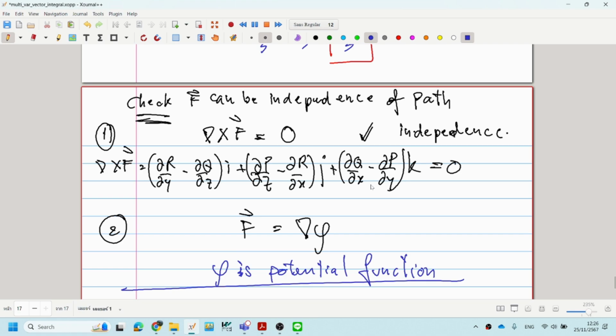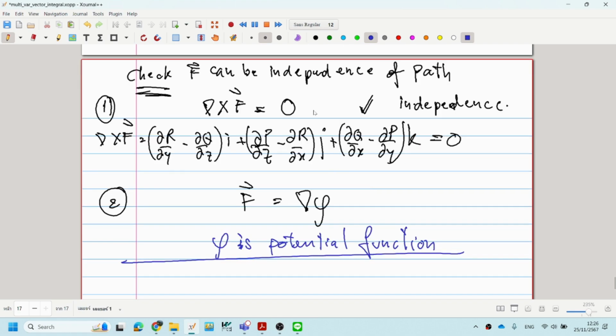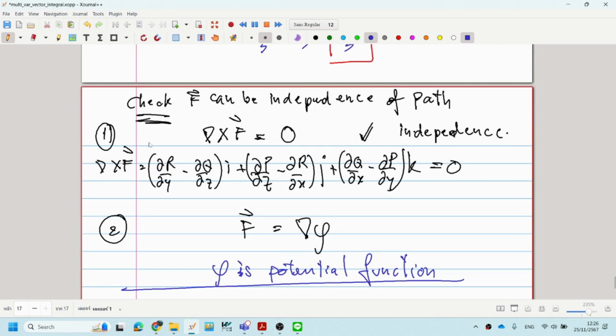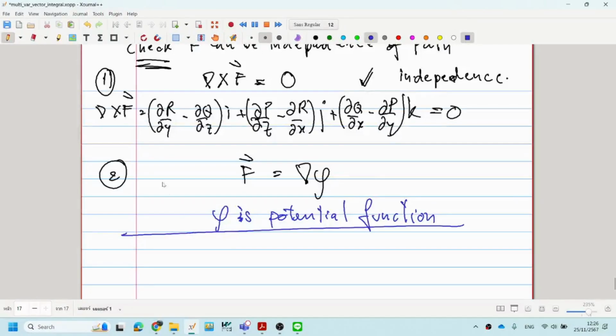And the next step is going on to solve. When step number one is true, step number two should be true too.